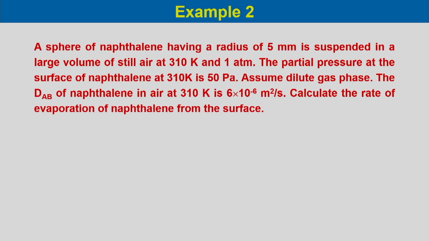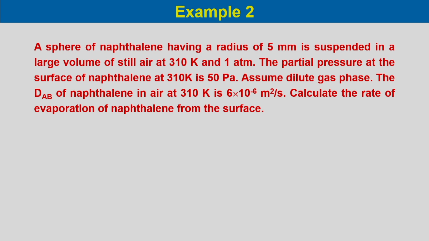Now, let us consider one example. A sphere of naphthalene having a radius of 5 millimeter is suspended in a large volume of still air at 310 Kelvin and 1 atmospheric pressure. The partial pressure at the surface of naphthalene at 310 Kelvin is 50 Pascal.